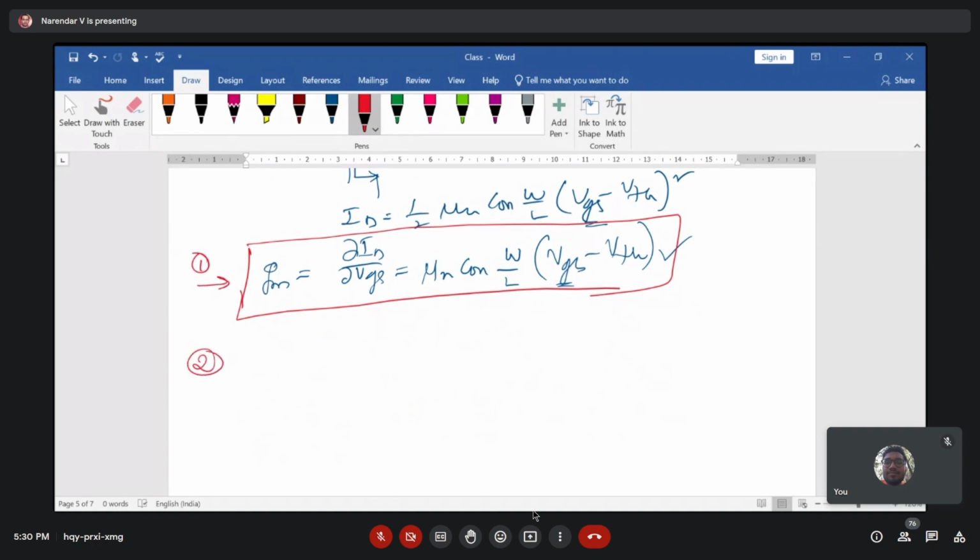Now you have ID, right? So this is the previous expression of ID. What we can do here is consider ID equals half mu n COX W by L times (VGS minus VTH) whole square.